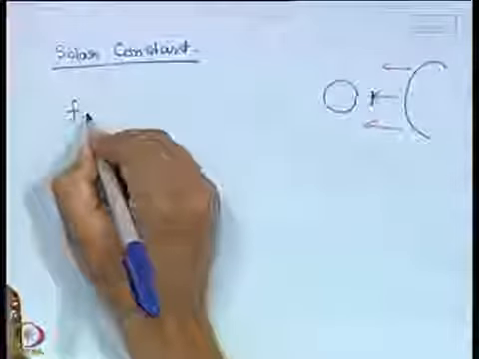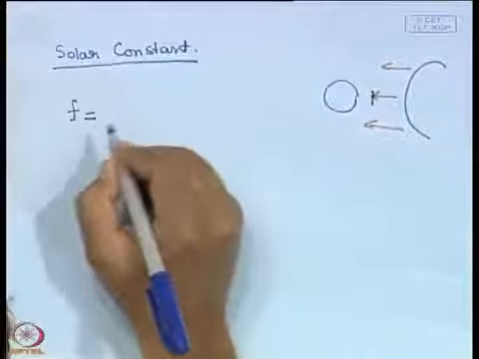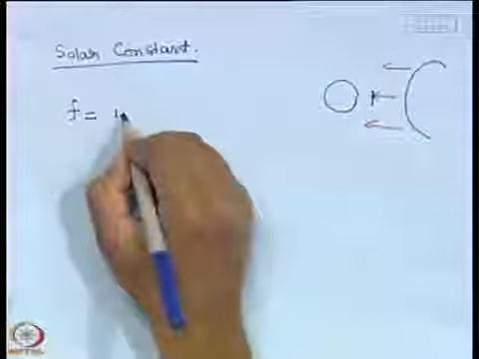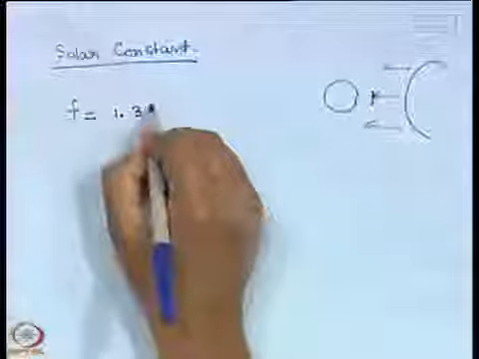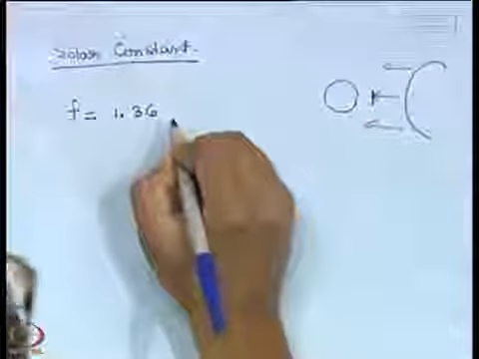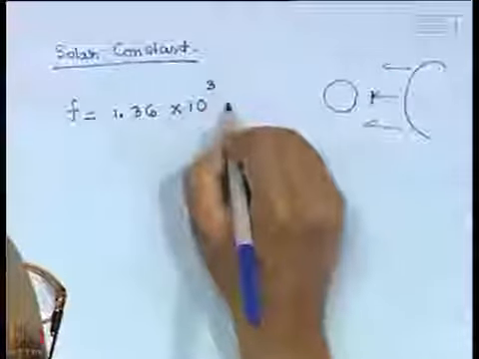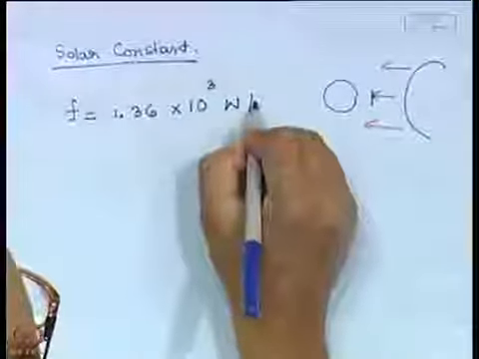The solar constant is the radiation incident on the earth's surface, measured outside the earth's atmosphere. And this has a value 1.36 into 10 to the power 3 watts per meter square.